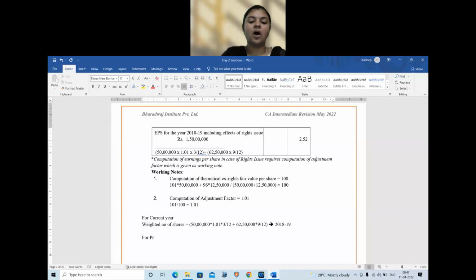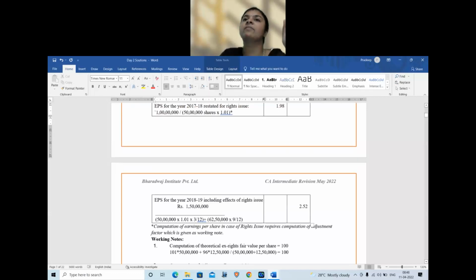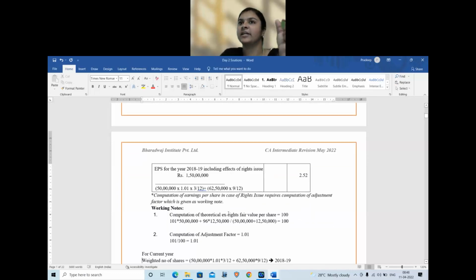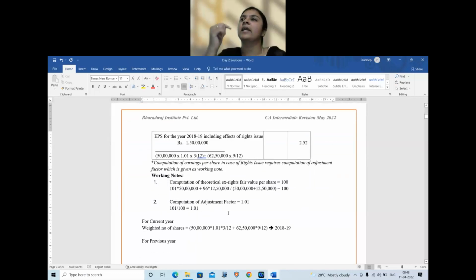Now, for the previous year, the rule of adjusted EPS says we need to consider as if the shares were available in the beginning of the previous year itself. So for the previous year also, we will consider this rights factor for adjusted EPS. In bonus, we added the shares directly.